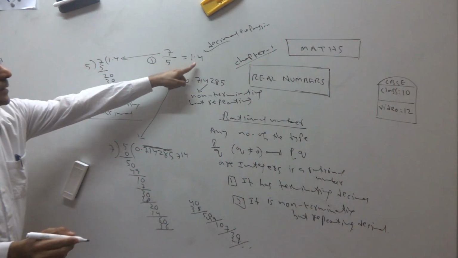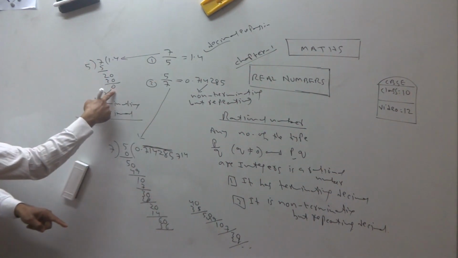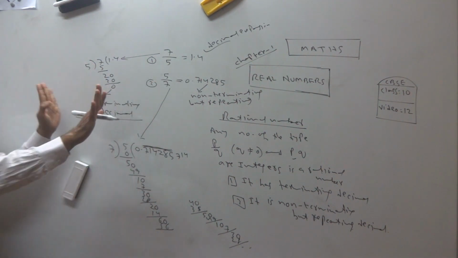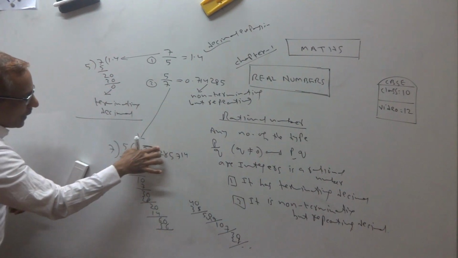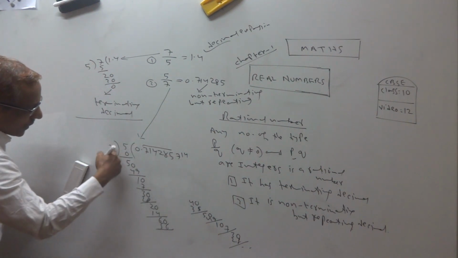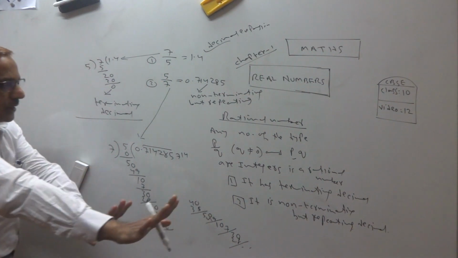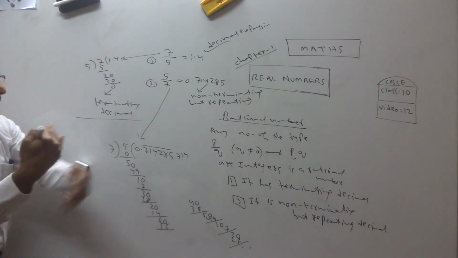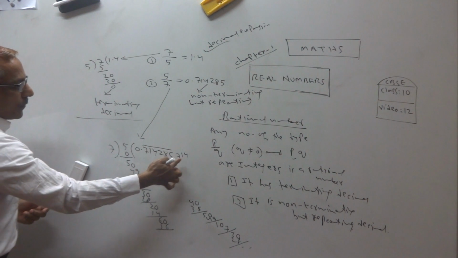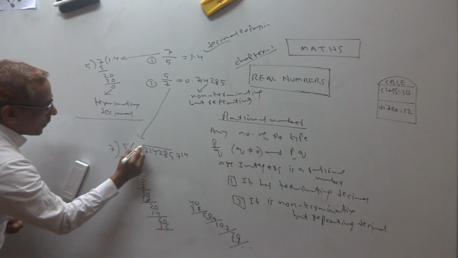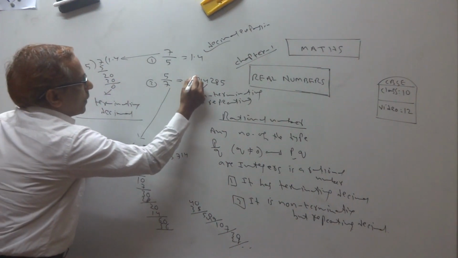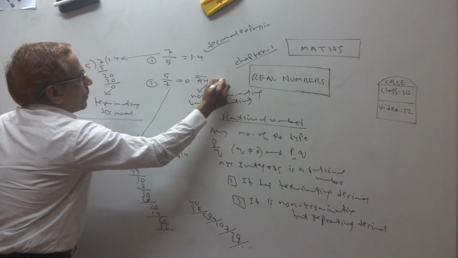The first type is terminating because its division stops. You got 0, it stops, terminating. Whereas here, when I divided, it never ends, but it repeats. 714285, 714285, the same thing. So we put a bar here. What is the meaning of that bar?